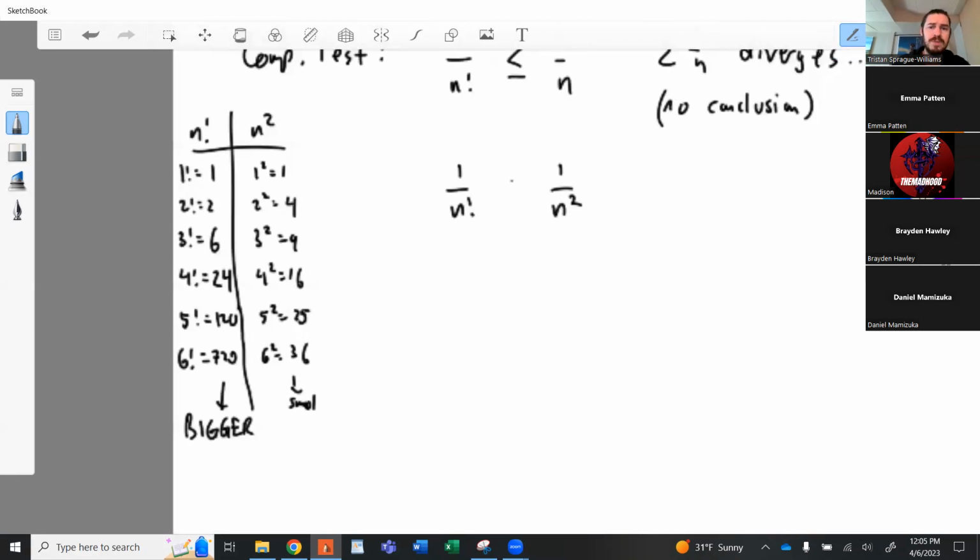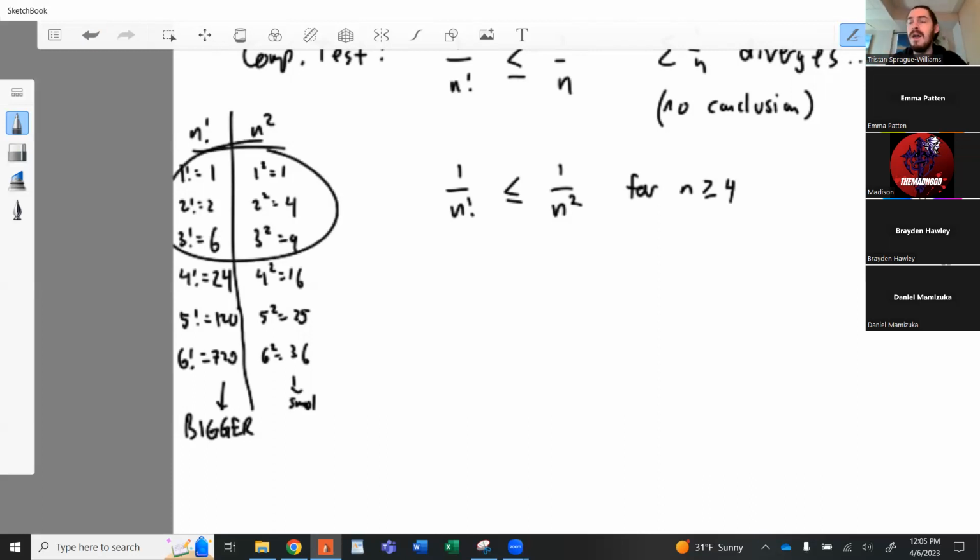So that would mean the relationship is this direction, at least for n greater than or equal to 4. That inequality is not true for the small n values. For n equal to 1, 2, and 3, it's the other way around.